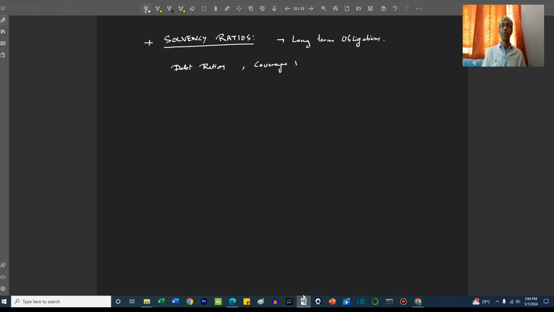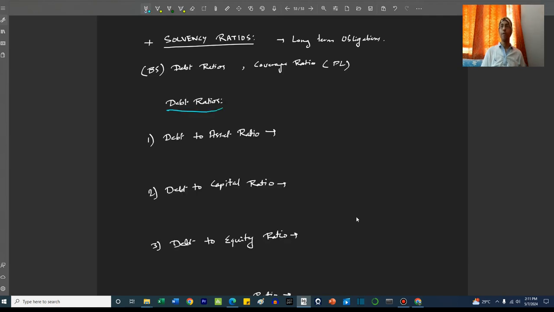The coverage ratios are basically the solvency measures that primarily originate from the profit and loss statement. The debt ratios majorly, not all, but majorly originate from the balance sheet. Now let us see what these ratios are. Let's first understand the debt ratios.